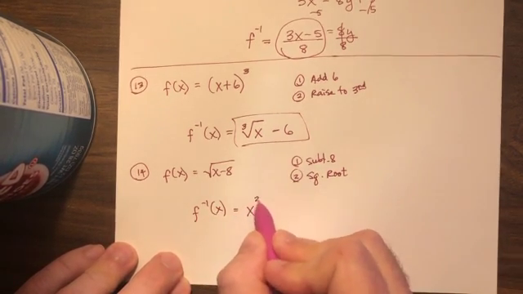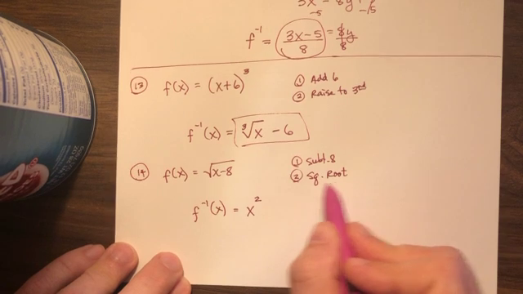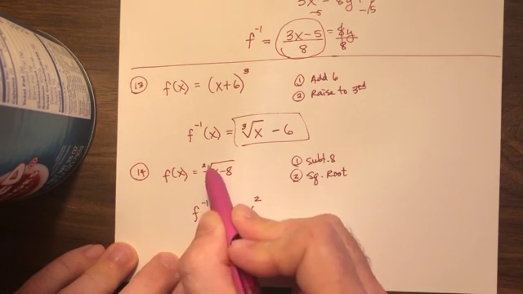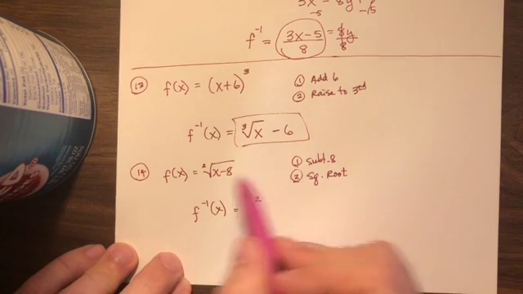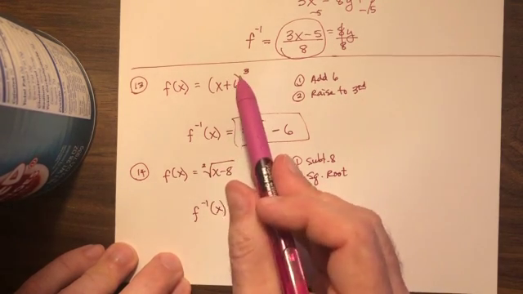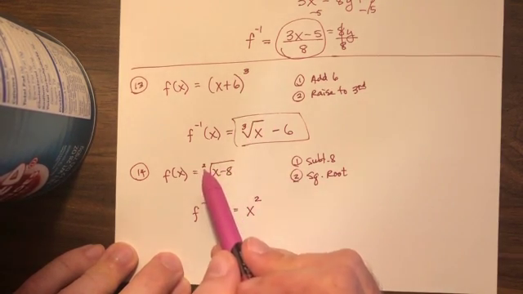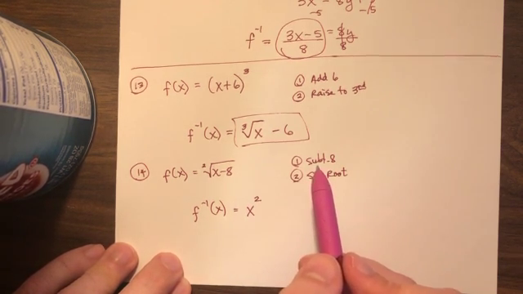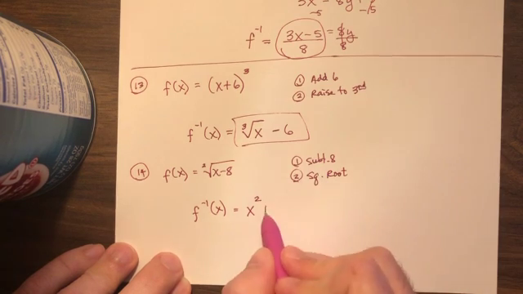So I'm going to say x to the second, and that is the opposite of square root, because there's actually a little 2 up here. It's just invisible. It's very similar to raising to the third and cube root. Square root means raised to the second. They're opposites. Because that came first, I'm only doing that to x, and then I do the opposite of subtract 8, which is add 8.